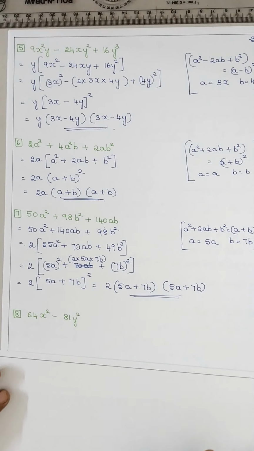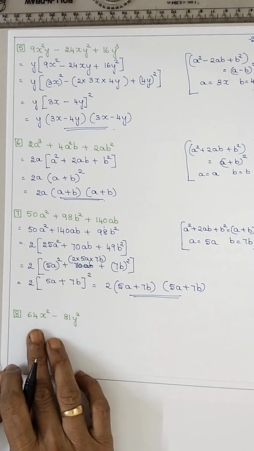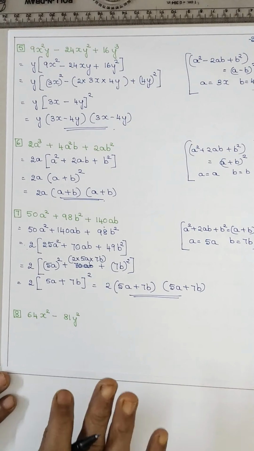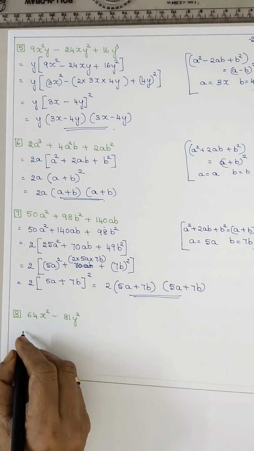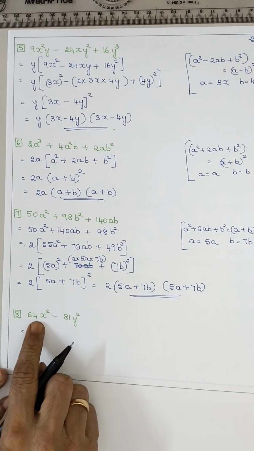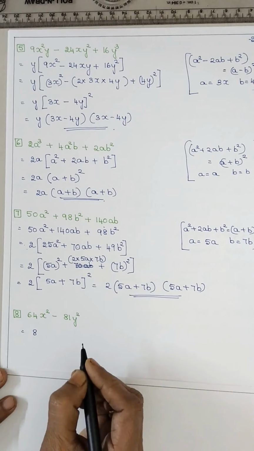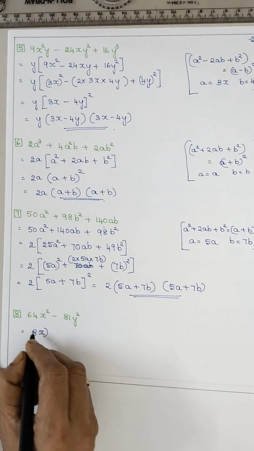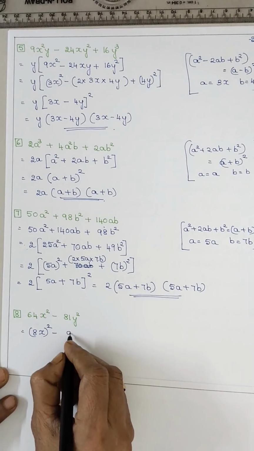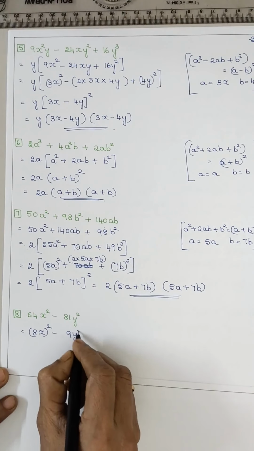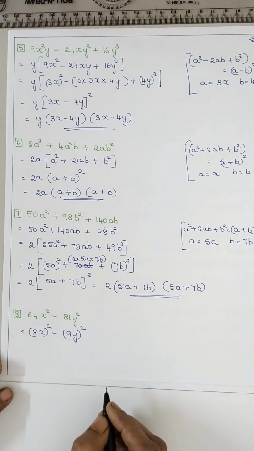Now coming to the third identity. See, only two terms are there and between them is minus. So you have to think of the third identity. Now 64 is 8 squared, (8x) the whole square, minus 81 is 9 squared, (9y) the whole square.